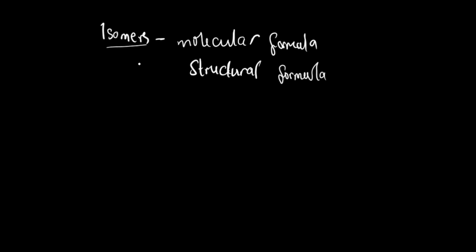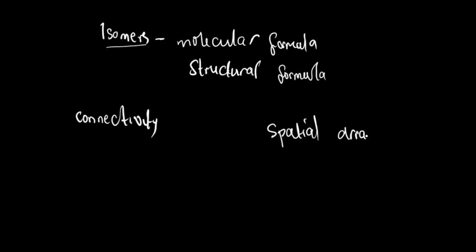Now, this difference in structure could be in terms of connectivity, and it could be in terms of spatial arrangement. So how the atoms and how the groups are oriented in space, that is the spatial arrangement.